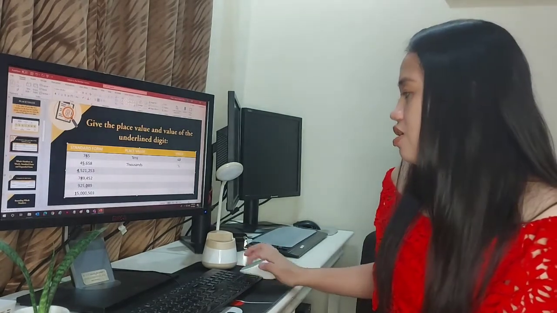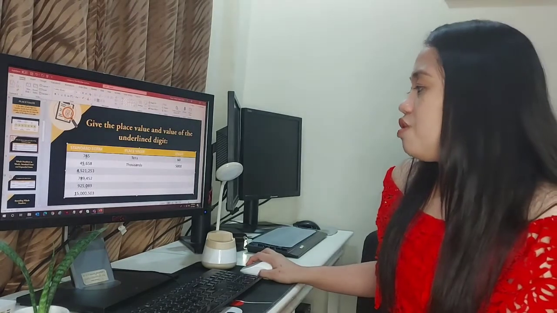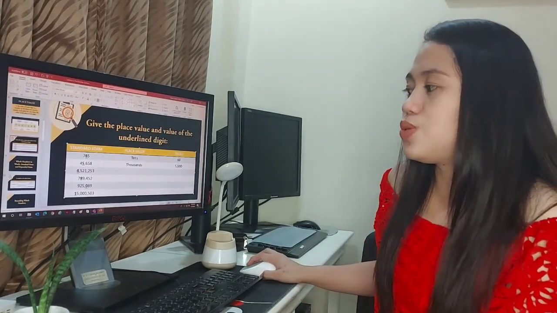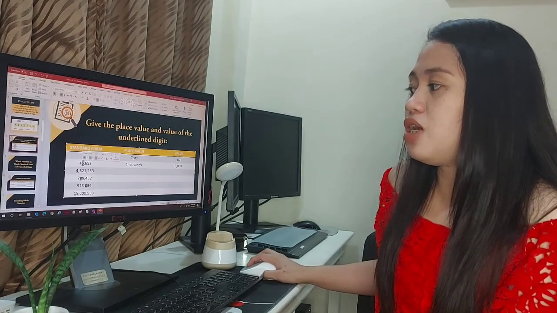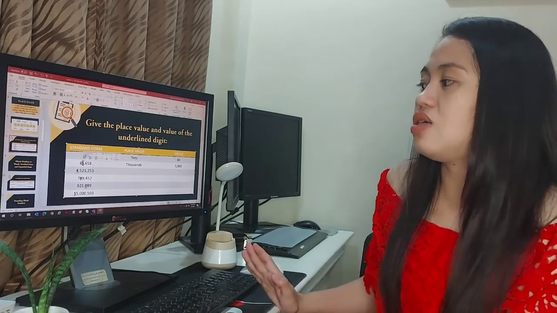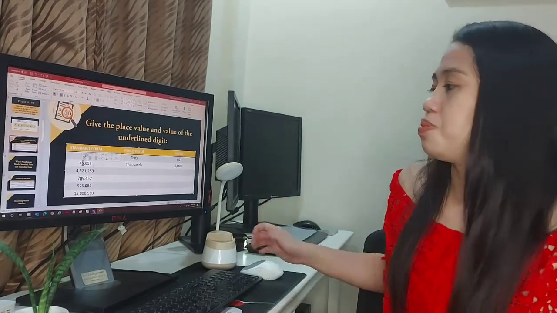And ang value niya is 5,000. Actually, when looking for the value of the digit, you just have to copy the number and then all the digits to the right, you'll just replace it with 0. Okay.